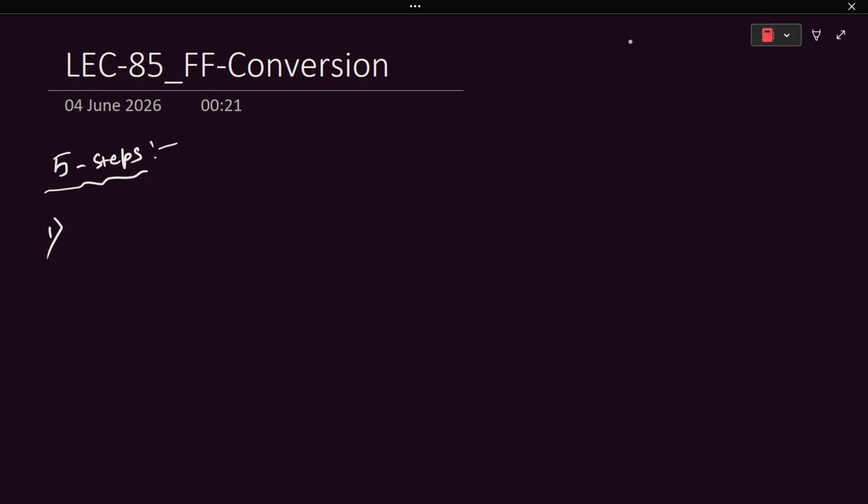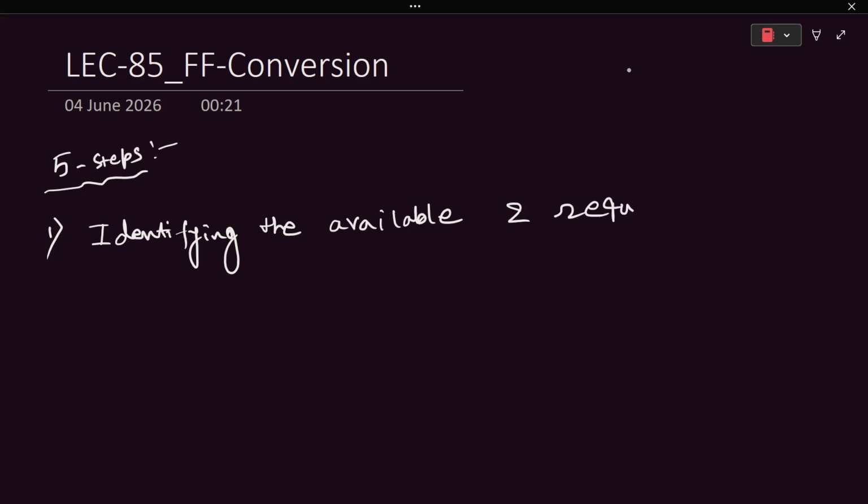So let's write it down: identifying the available flip-flop and the required flip-flop which we need to build. So first we need to identify what flip-flop we have and what flip-flop we need to build.